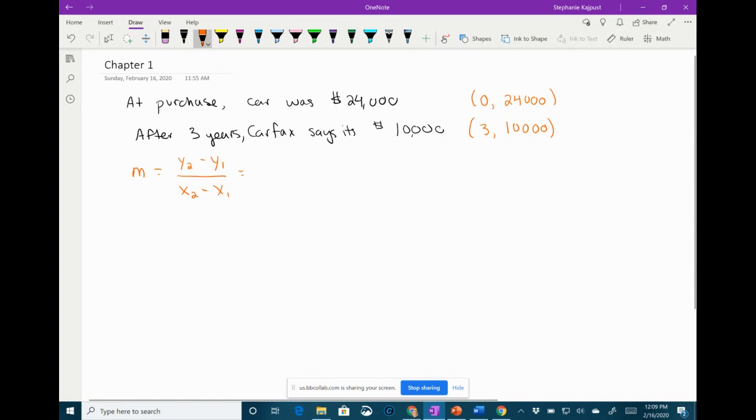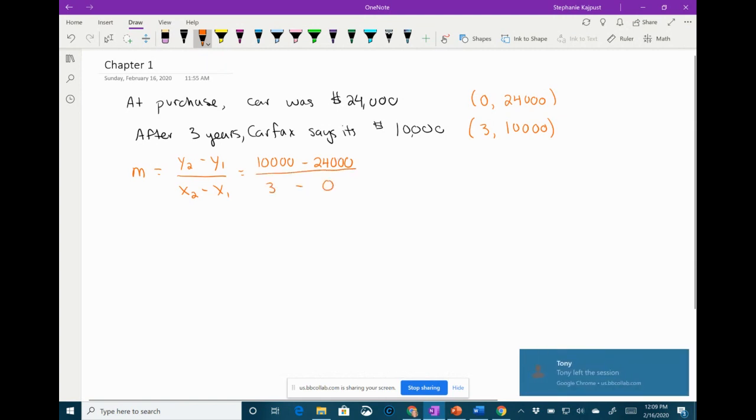I usually go in order by the first point that I wrote, (0, 24,000), that would be x1, y1. (3, 10,000) would be x2, y2. So I'm going to be plugging in 10,000 for y2, subtracting 24,000. And then I have 3 minus 0.